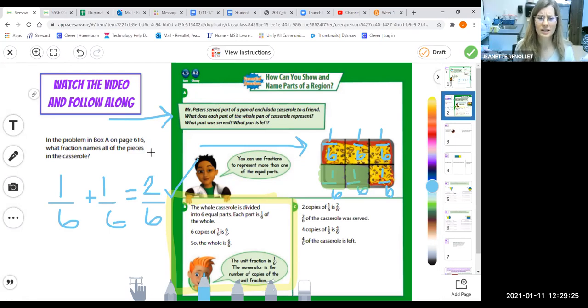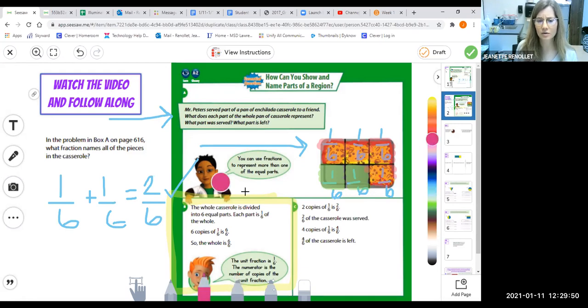How much casserole is left? We can look to see how many parts are still there. Let's highlight those in a different color. I notice that this part is still left. This part is left. This part is left. And this part is left.